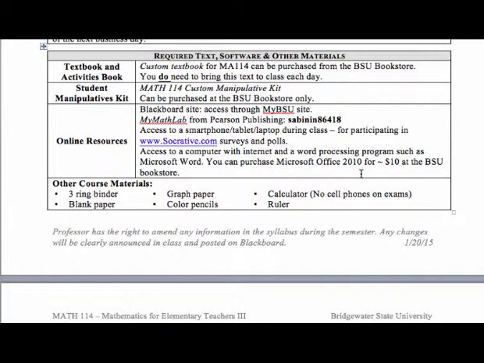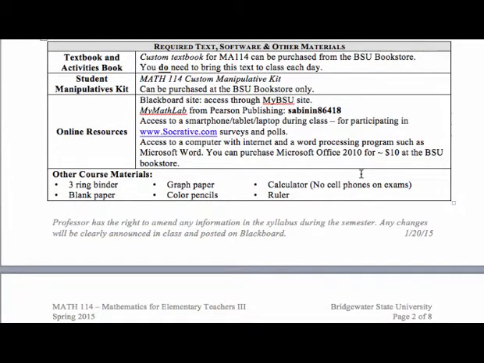You would have received an email about that. Finally, make sure that you have a computer that you can use Microsoft Word on. You can purchase Microsoft Office at the bookstore for a very cheap price. And you will also need a 3-ring binder, blank paper, graph paper, etc., and a calculator for the course.